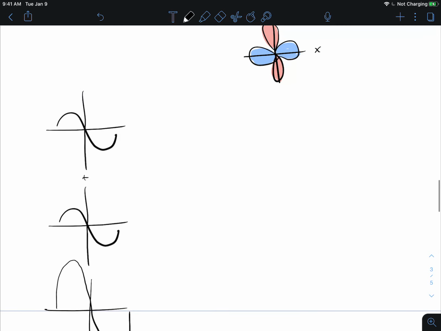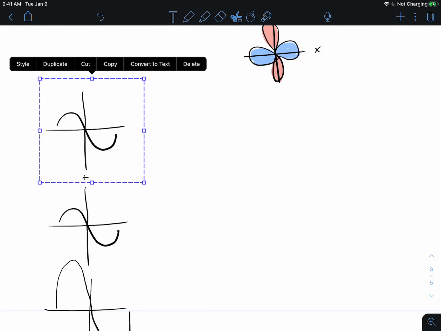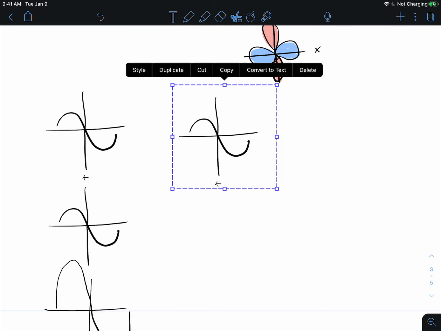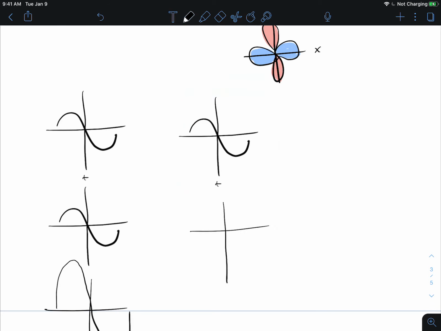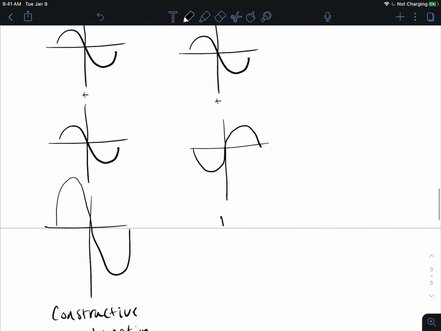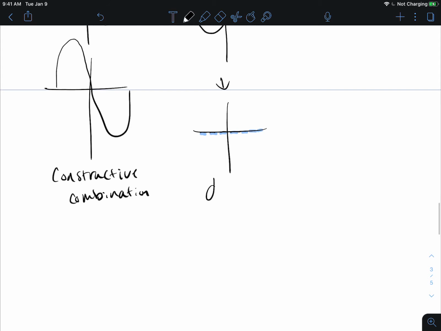If instead we combine something like this with something like this, we will have destructive combination, and it'll just leave us with a destabilizing effect.